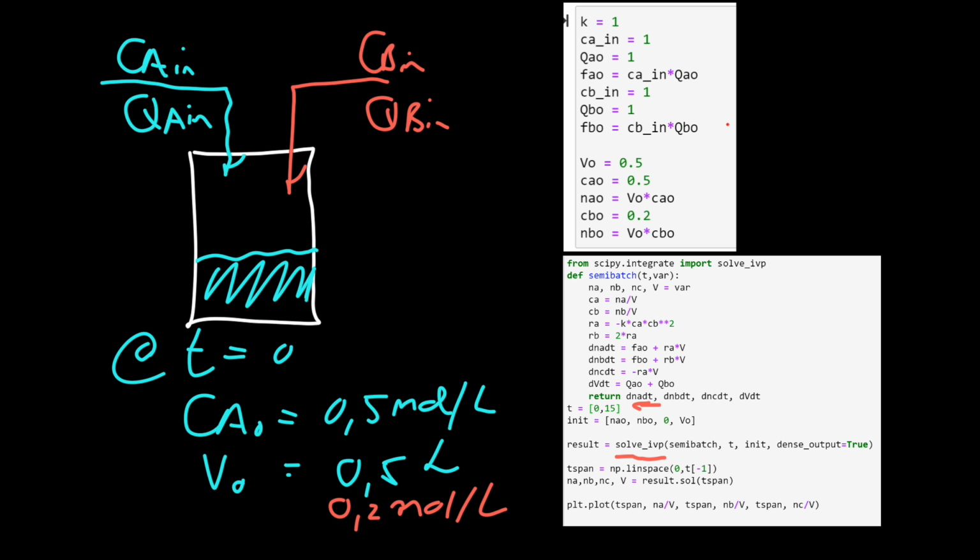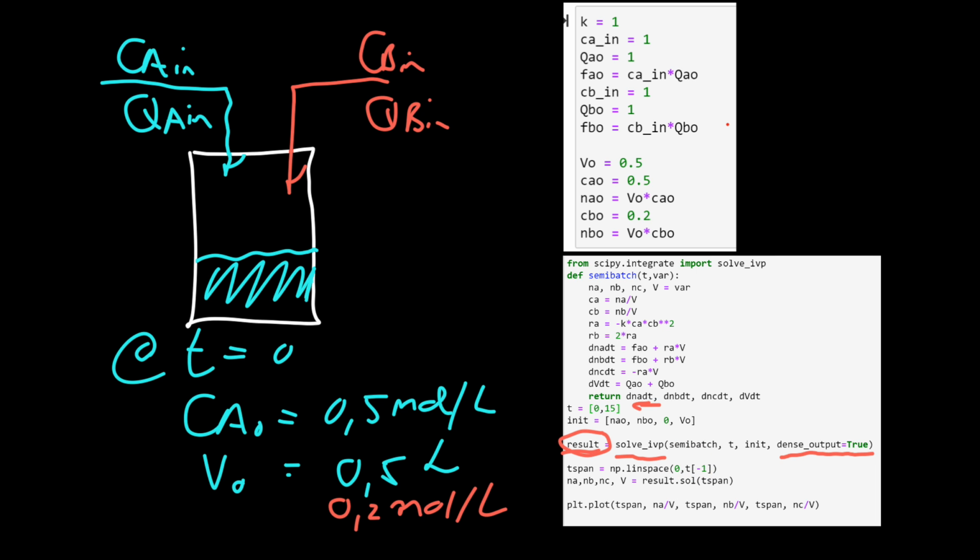So if you want a smooth output, switch dense output on as an option in your procedure where you calculate all your results. And then you can specify a span of values, just like you would with odeint. So I've got a linspace of 0 to the last value in that list. So it's going to give me 100 intervals.